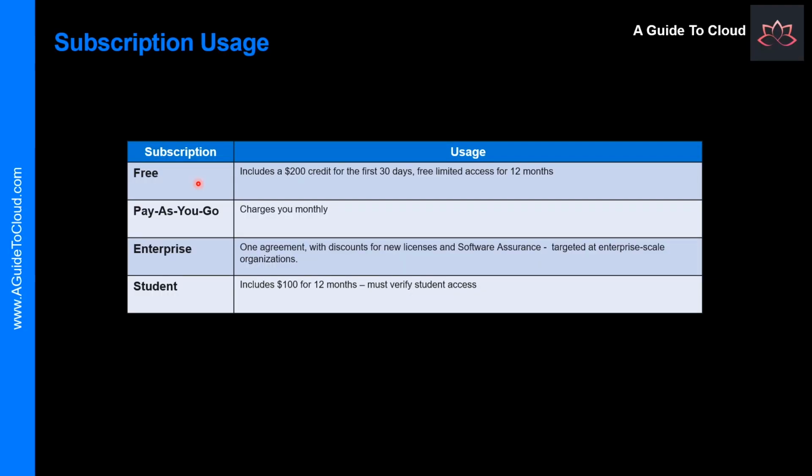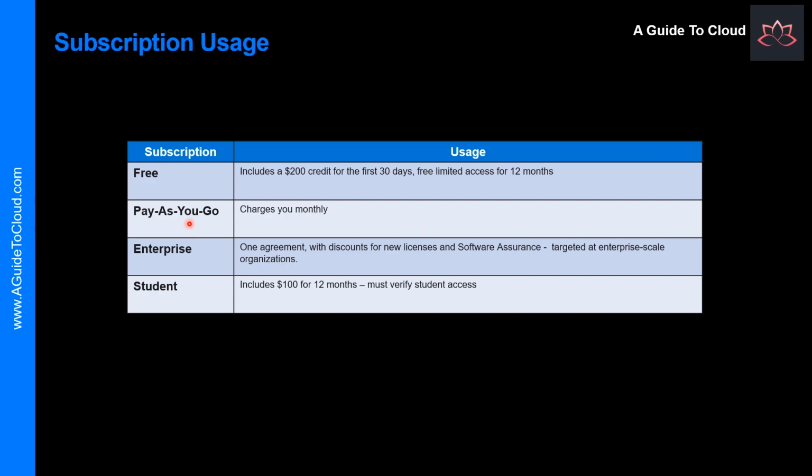An Azure free subscription includes a $200 credit to spend on any service for the first 30 days and free access to the most popular Azure products for 12 months and access to more than 25 products that are always free. This is an excellent way for a new user to get started. Please note that credit card information is used for identity verification only, and you won't be charged for any services until you upgrade.